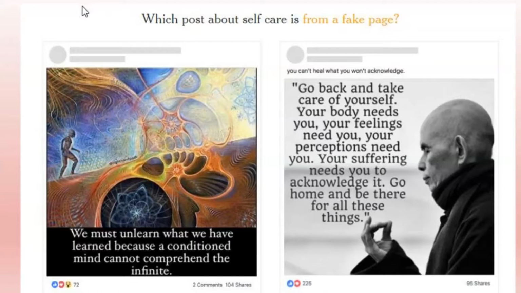In fairness, I'm not sure I would have picked either one of these as being fake, but it was A, the one on the left. What they thought was, it was only a Facebook page that was only up a couple of months.